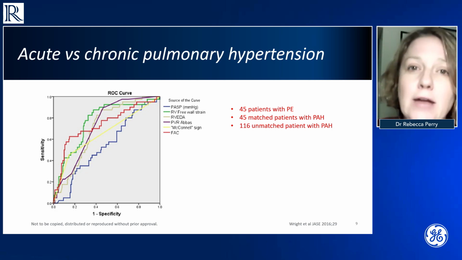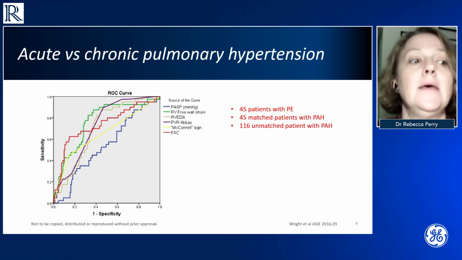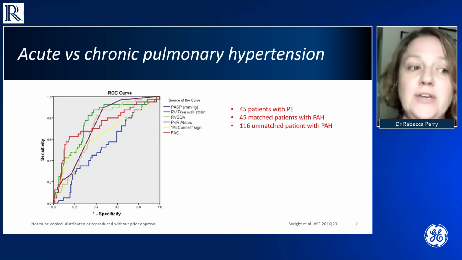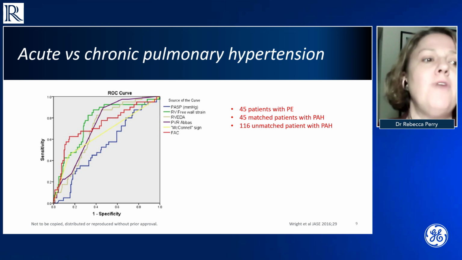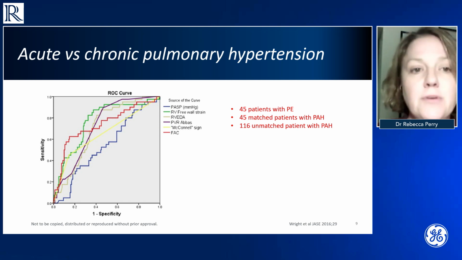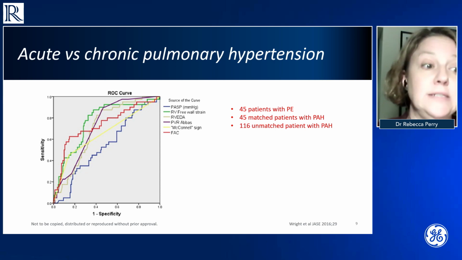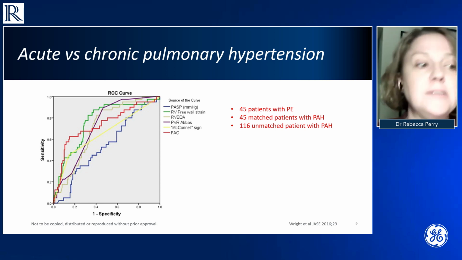They also included 116 patients with pulmonary hypertension that weren't matched to their PE cohort. So they assessed left ventricular end diastolic area, fractional area change, right ventricular free wall strain as well. You can see the receiver operator curve shows the different measurements that they used to distinguish acute from chronic right ventricular dysfunction or pulmonary hypertension.